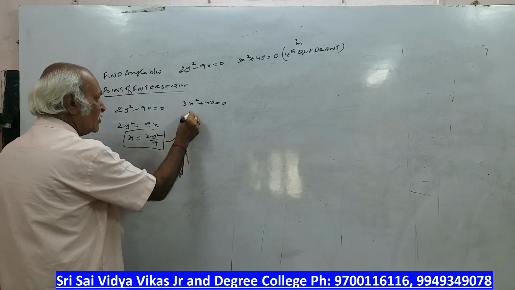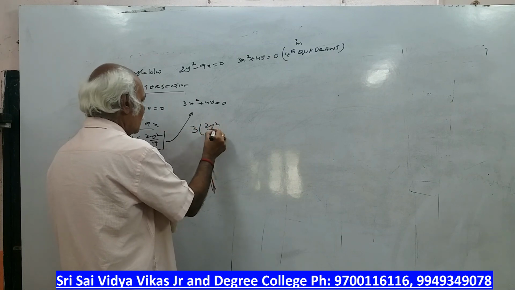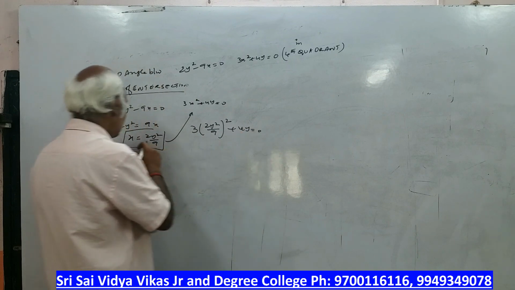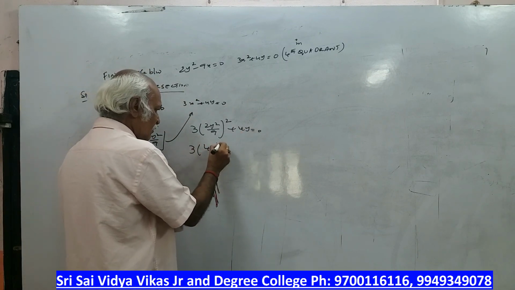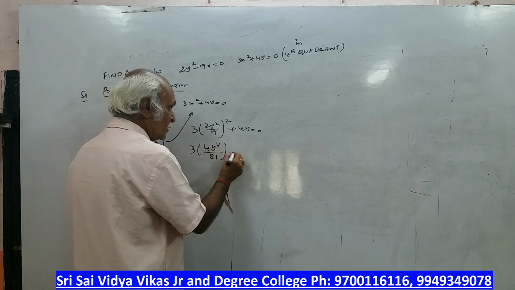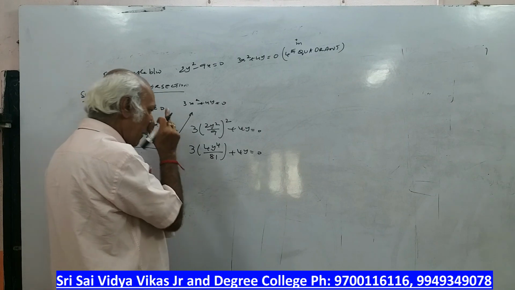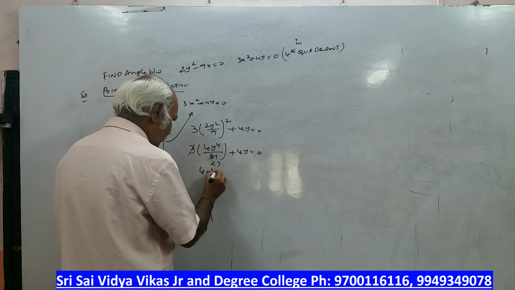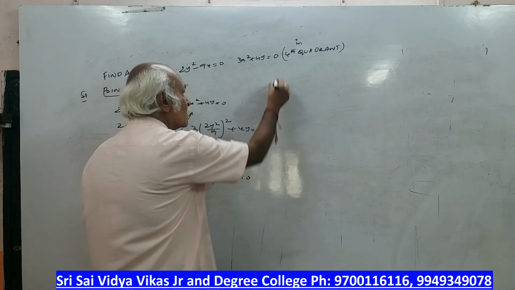Put this x value here. 3 into (2y square by 9) whole square plus 4y is equal to 0. I have substituted this x value here, sir. So 3 into 4y to the power 4 by 81 plus 4y is equal to 0. Okay, 3 will get cancelled with 27 times. 4 y power 4 by 27 plus 4y is equal to 0.